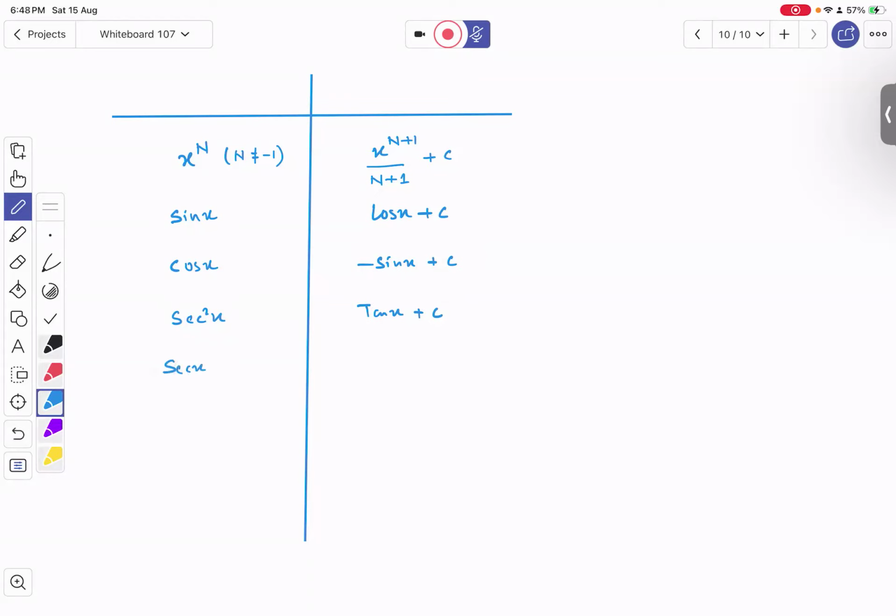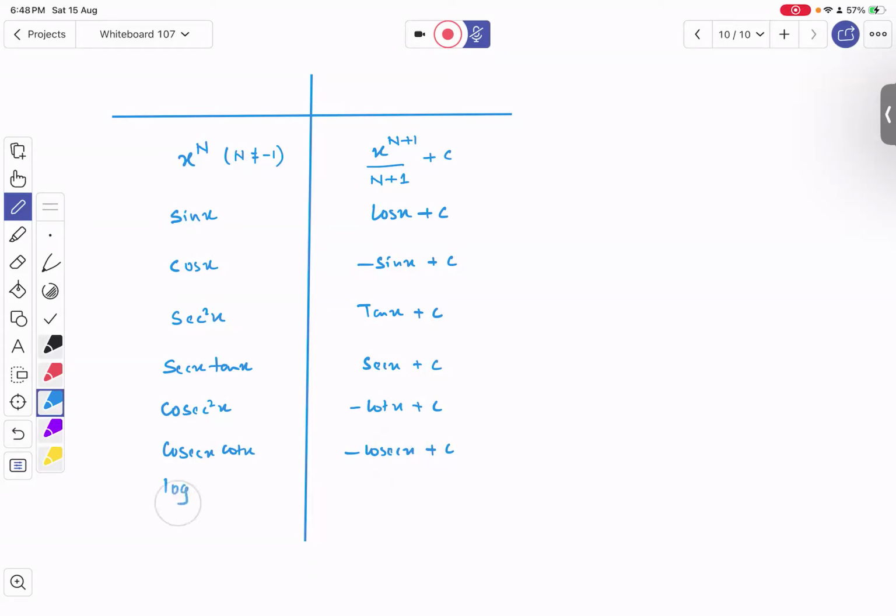Secant x into tan x is secant x plus c. Then cosecant square x is minus cot x plus c. Cosecant x into cot x is minus cosecant x plus c.